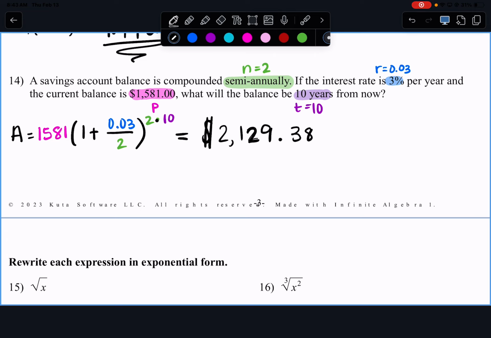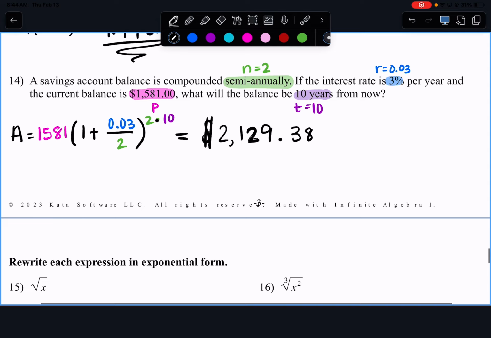I put 1587 instead of 1. Also, I put a 7. I put a 5, 8.